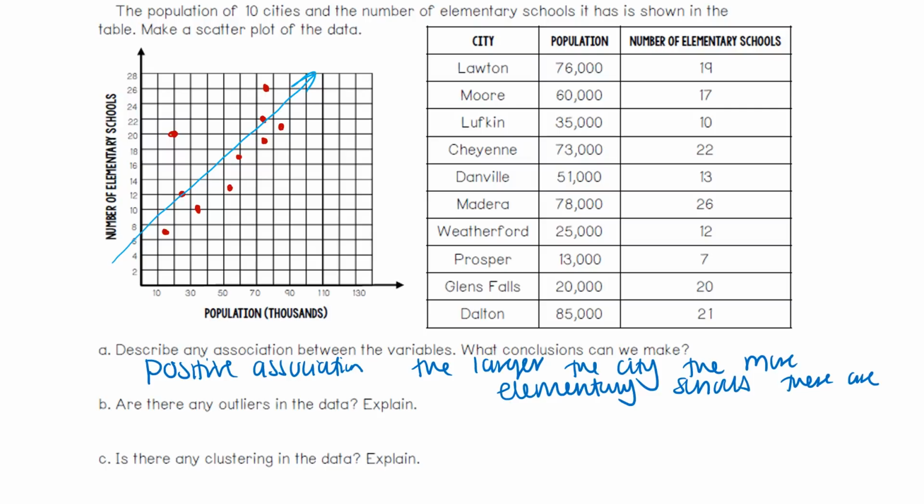The second question, are there any outliers in the data? Yes. We could say that Glen Falls is an outlier because it's completely by itself. It is separate from the rest of the scatter plot points.